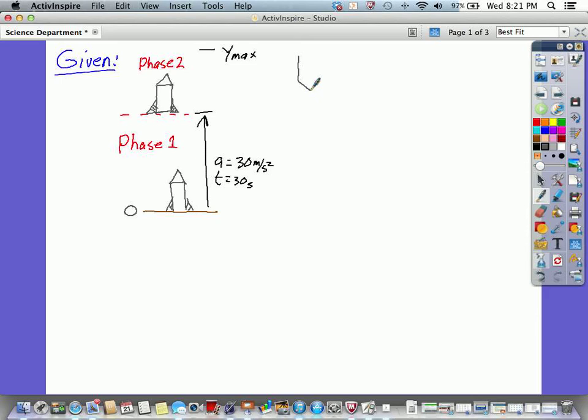It doesn't necessarily do this, but we'll draw it that way. So at that point in time, now the rocket is coming back down, all the way back down to the ground, which we listed as 0. And that's phase 3.